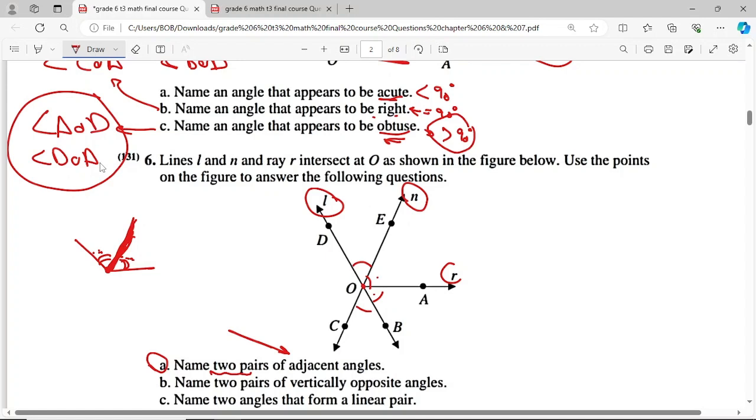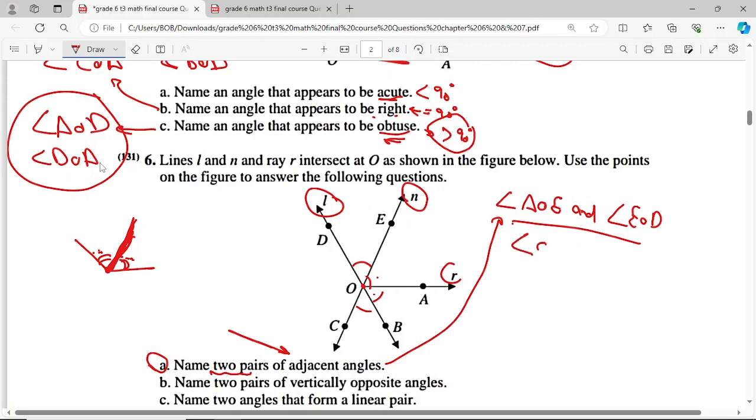So we can say I have angle AOE and angle EOD, they are adjacent angles. Another one, I have angle COP and angle POA, they are adjacent angles also.